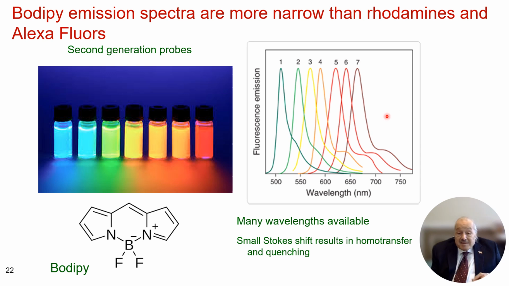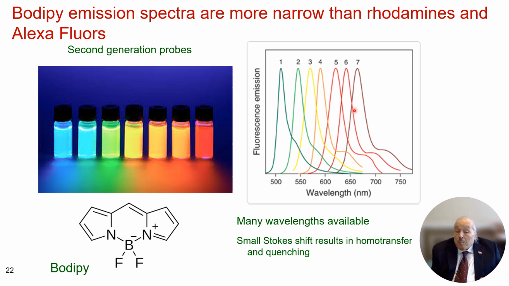The next generation of probes are the BODIPYs, and these are interesting, and they seem to have more potential than the other probes because the chemistry, well, maybe the chemistry isn't easy, but I've seen so many different Alexa Fluors made sensitive to different ions that I think their use will continue to grow.